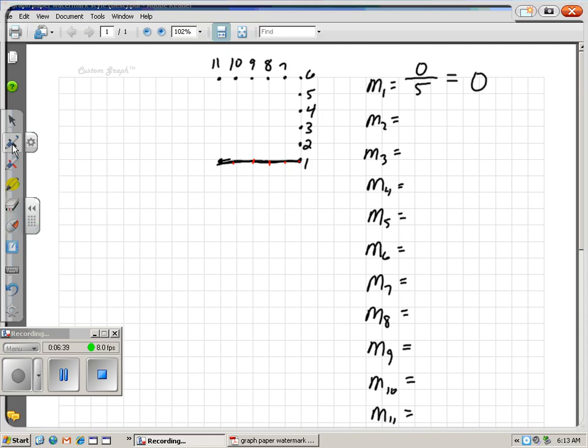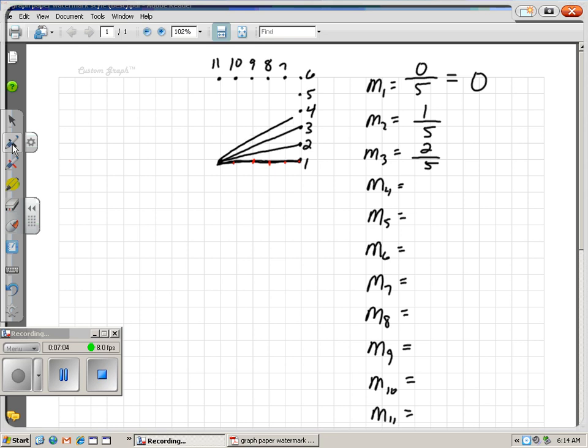All right, let's do the slope of line 2, going from this dot to this dot. How much do you go up? You have to go up 1 step and 5 steps over. So our slope is 1/5. Look at line 3, and you guys can pause the video anytime and try these and then check your answers. Line 3, we have to go 2 steps up and 5 steps over. So that has a slope of 2/5.